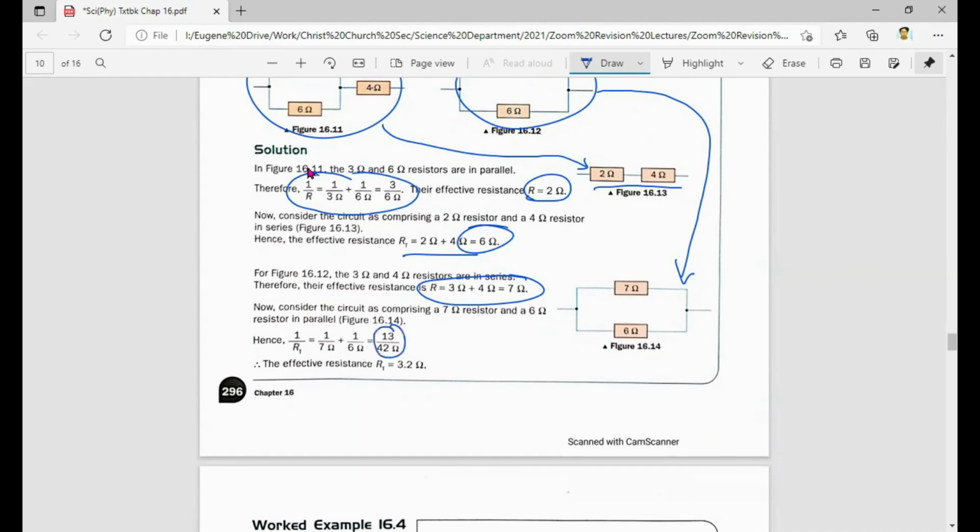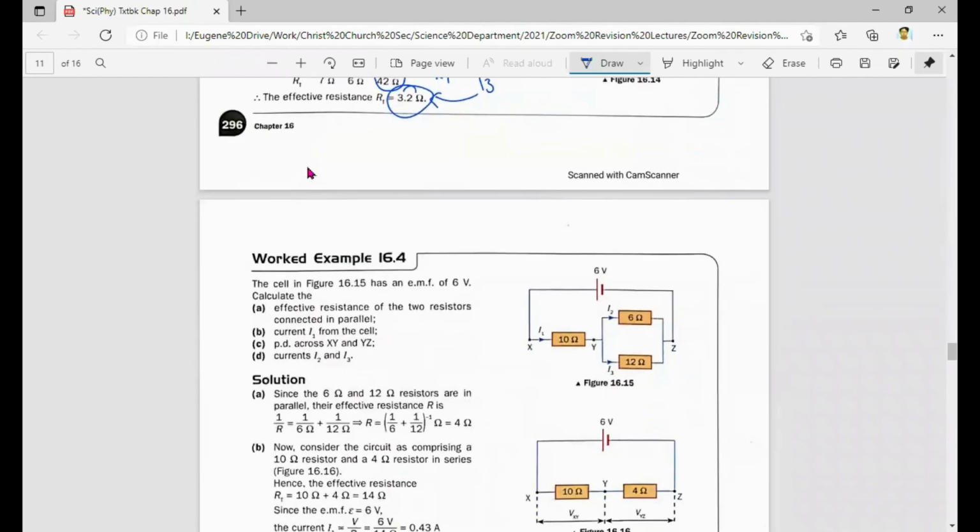You get 13 over 42. Hence RT, the total resistance, is 42 over 13, and when you press your calculator, you get 3.2. This kind of question you must be able to calculate, because it will typically be the first or second question in a DC circuit question for you to attempt.